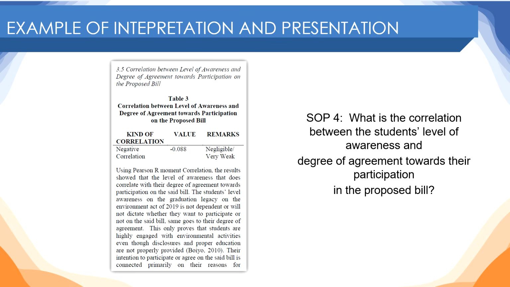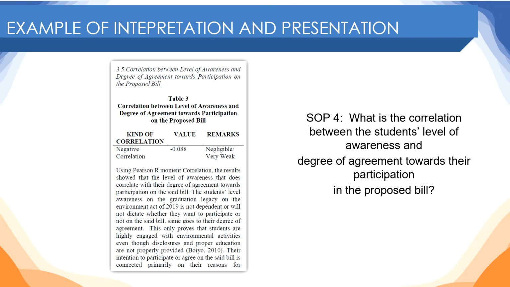So what are the variables that we have here? First, we have the students' level of awareness, and then we have the degree of agreement towards participation. Because the research question asks about correlation, the researchers need to use an appropriate correlational analysis.